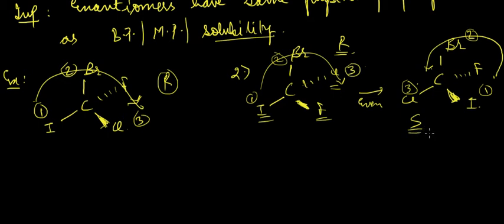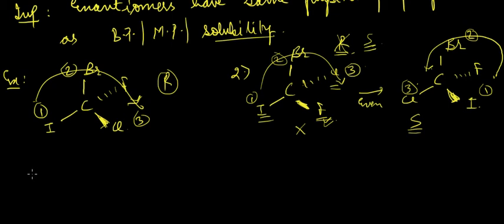So are we facing some confusion here? Obviously yes. So we calculated R wrong here, and the reason is we didn't put the least priority group on the dash bond. The rule is the least priority group among all the four groups should be away from the viewer, but in this case it is towards the viewer, hence this configuration is not R, this is S.